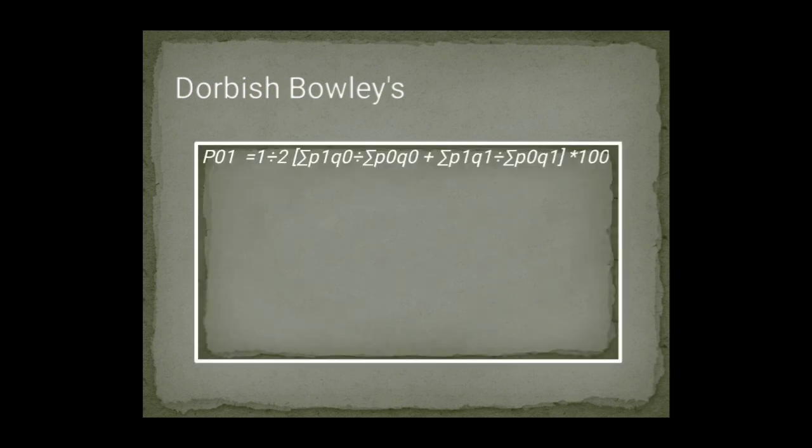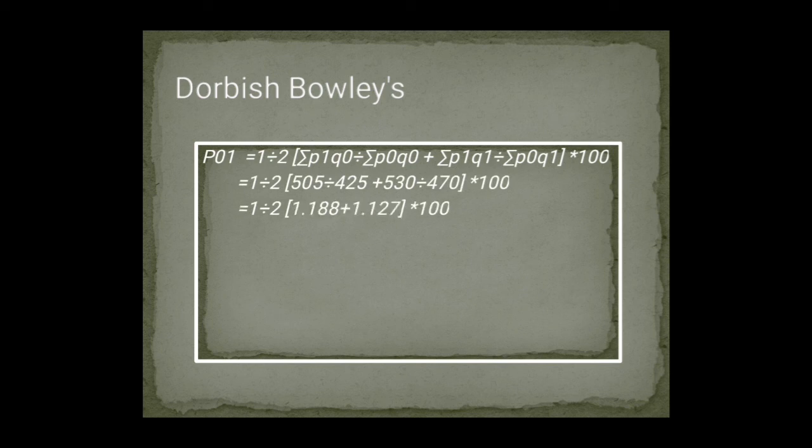And next, last, Dorbish-Bowles method. So price index is equal to 1 divided by 2, nothing but it is half, and we have to add sigma P1 Q0 divided by sigma P0 Q0 plus sigma P1 Q1 divided by sigma P0 Q1 into 100. So this is the formula. So 1 divided by 2 we have to write same as it is. First we'll solve inside the bracket and then multiply it by 1 divided by 2. So 505 divided by 425 plus 530 divided by 470.